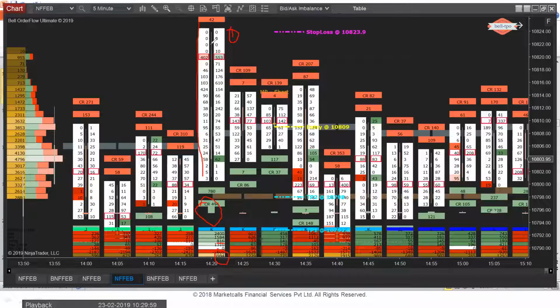Right inside the candle, we also have trapped buyers and trapped sellers. Anyways, it is short, but it just confirms more and more. It is a combination of an MR plus trapped buyers or trapped sellers. It doesn't matter. So usually what happened is that this is again a stop loss for an MR candle.